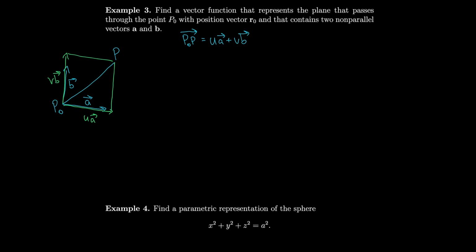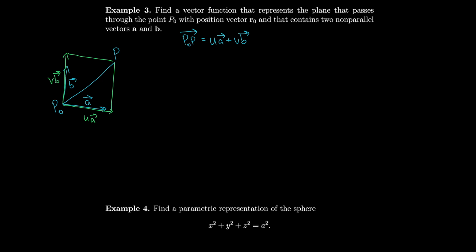The idea is that a and b are vectors that are inside of our plane, but they don't necessarily reach another arbitrary point from our starting point. So in order to get there, we have to scale them some amount. If we scale them by some amounts u and v, then we'll be able to get to any possible point we want, as long as we move up a certain amount, and left or right a certain amount.